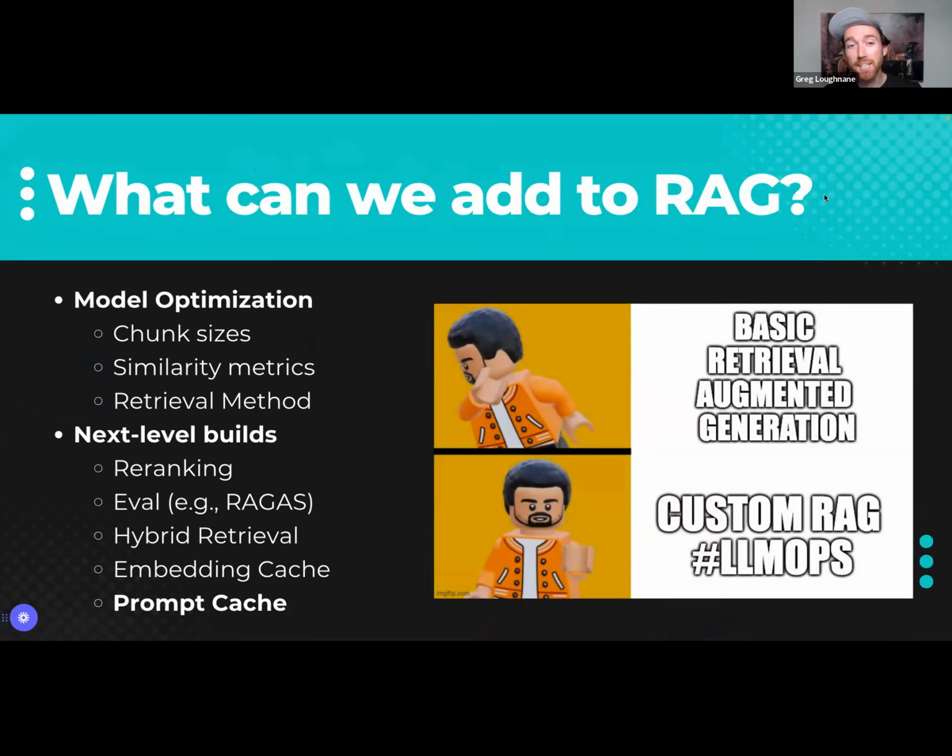So what we're saying is, this is all Lego blocks. All right, it's all Legos. And there are all different ways to take these simple systems to the next level and turn it into your custom RAG and be doing some real LLM ops. Because everybody does basic RAG. I mean, who cares about that at this point, right? It's like, how are you going to take your RAG to the next level?